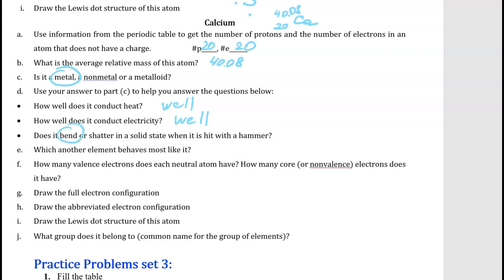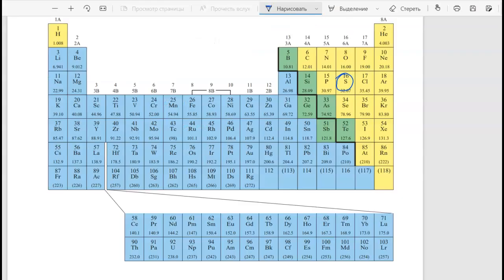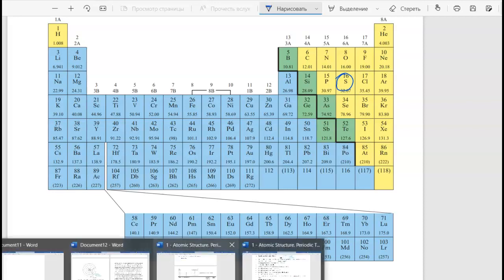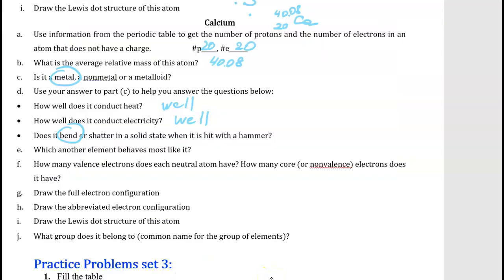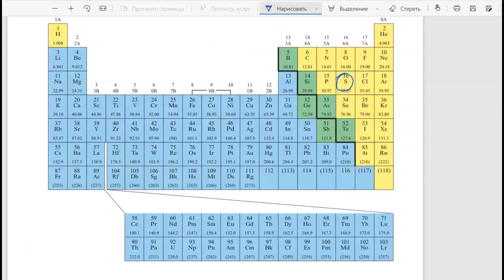Which other element behaves most like it? And you know, above and below: magnesium and strontium, and I will use both of them. So magnesium and Sr. How many valence electrons does each neutral atom have? Calcium, jump to the periodic table, group number 2A.